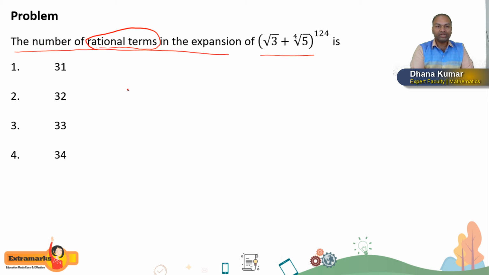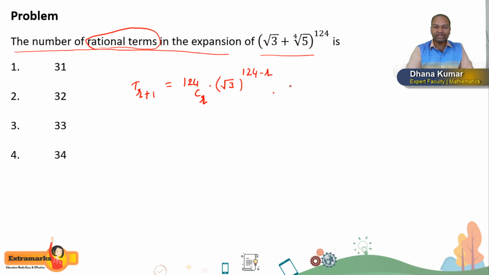T(r+1) is equal to, what is that general term formula? nCr, that is here 124Cr, into, as I told, the first element to the power of the difference. The first element here is root 3, root 3 to the power 124 minus r, into the second element.